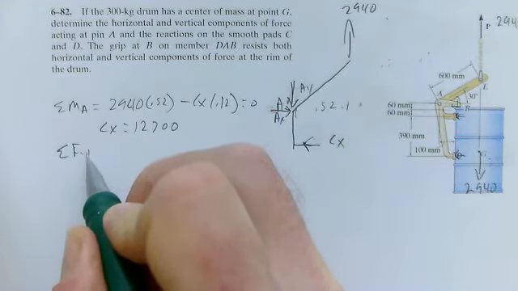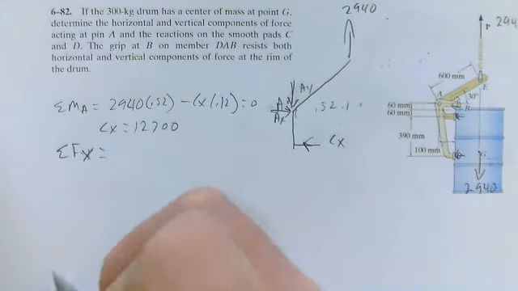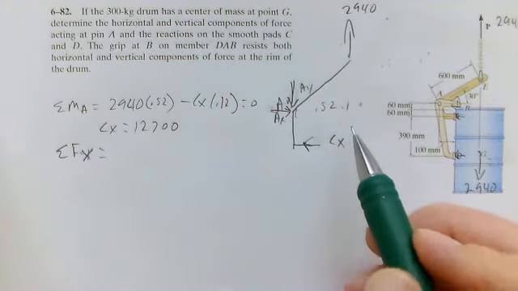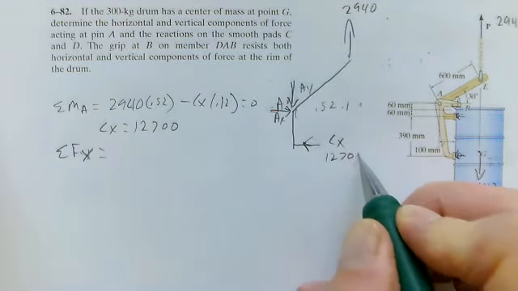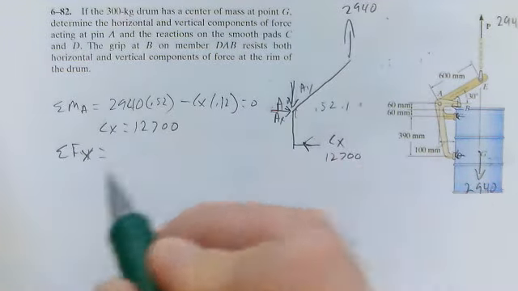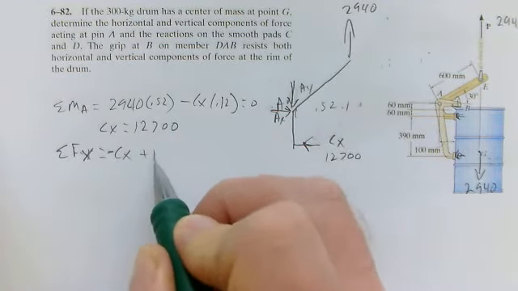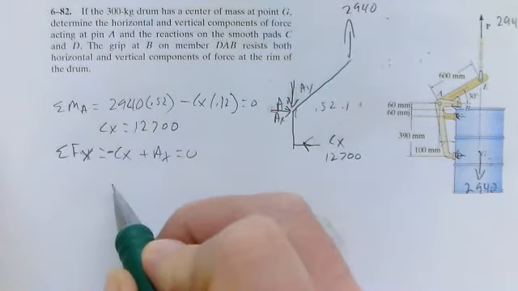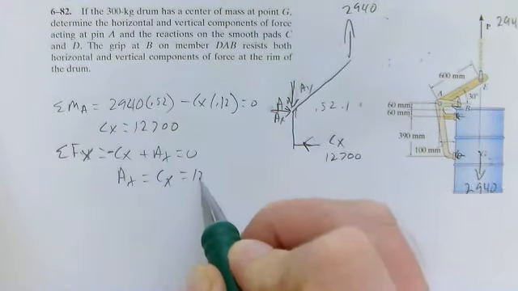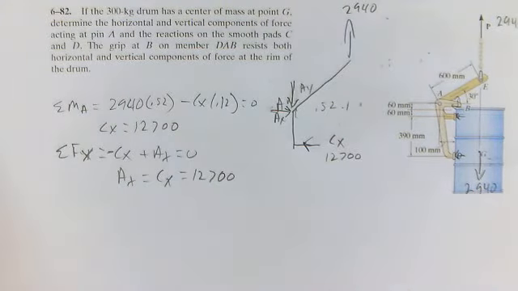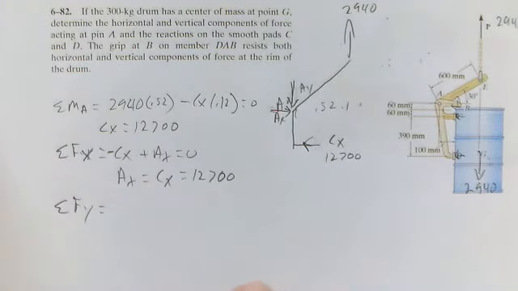This is sum of the forces in the X direction. So in the X direction, we've got 12,700. And so we have negative CX plus AX equals 0. So AX equals CX equals 12,700. Sum of the forces in the Y direction.